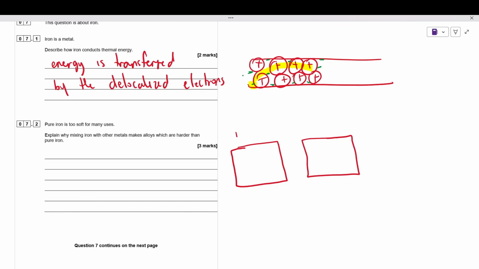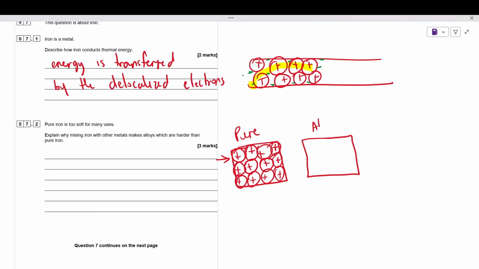So if we have pure metal, then we have a uniform look. They're in a regular lattice in those rows. All of these are positive ions, by the way. So they're in regular rows, which means that they will easily slide over each other. So if I hit here, it's just going to easily slide over, so it makes it very soft.